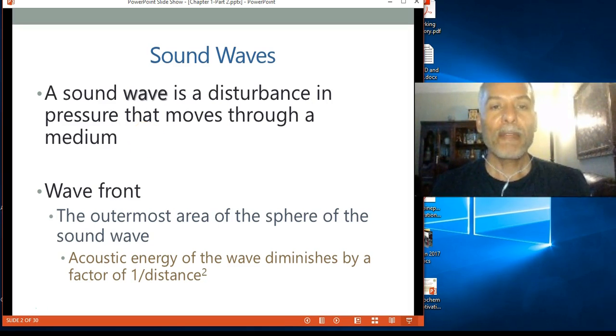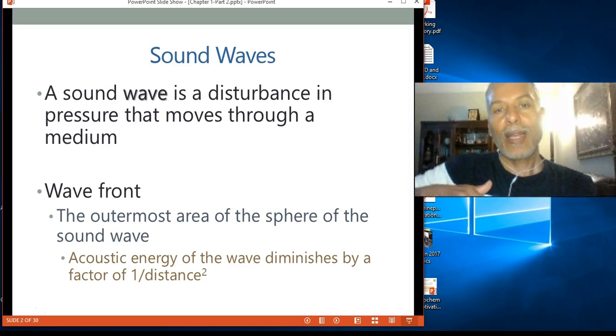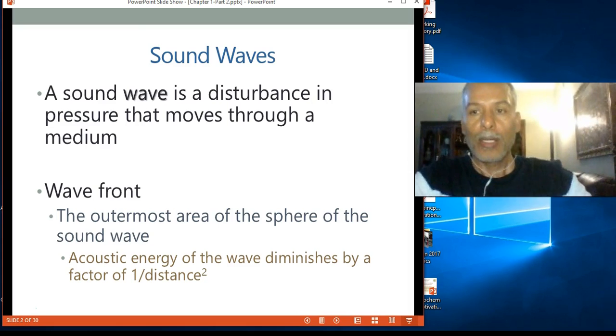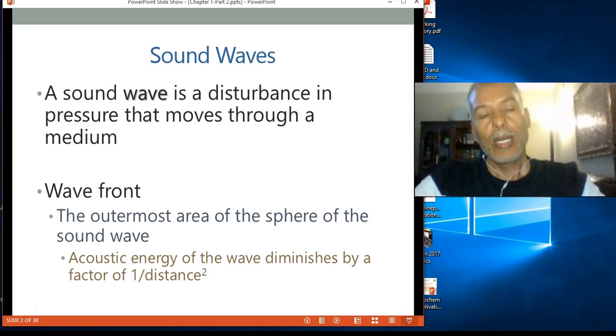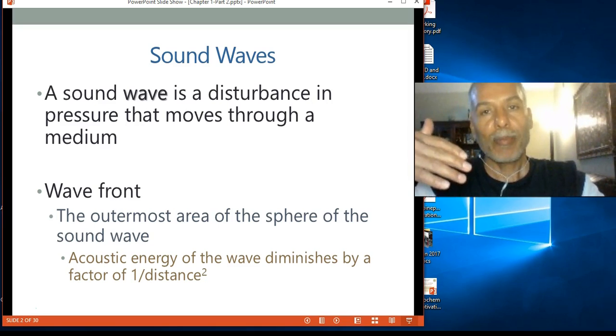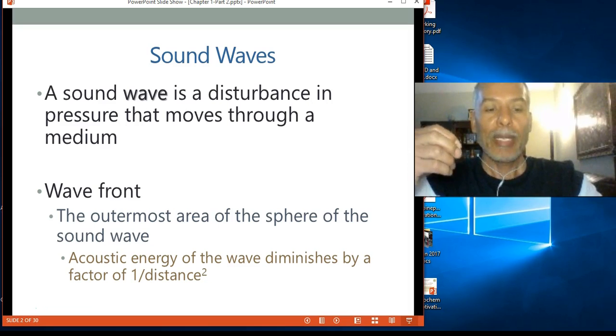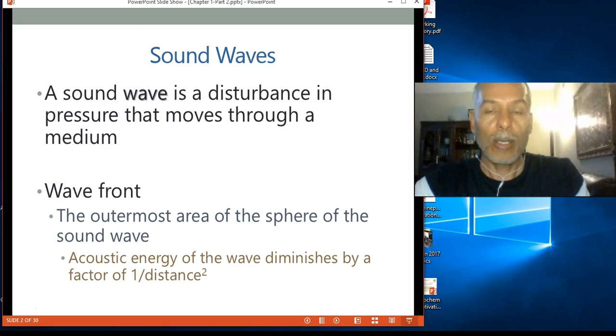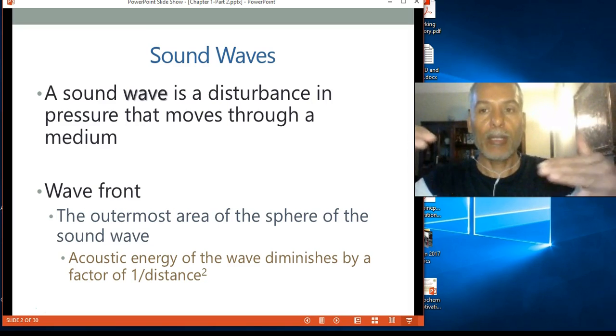A sound wave is a disturbance in the pressure of air, because we use air as a medium. That pressure moves through a medium, and as I explained, a medium is the environment. Basically, it could be water, like whales, dolphins communicate underwater.